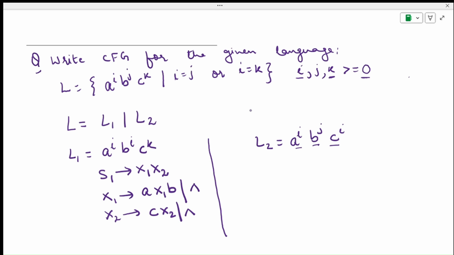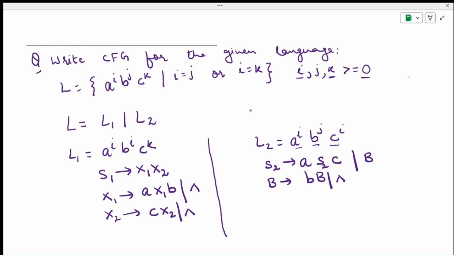We will have the start symbol S2 making a balance between a and c: a S2 c, or take one more variable B, and this B is nothing else but any number of small b, or null. Why null? Because this j has smallest value equal to 0.